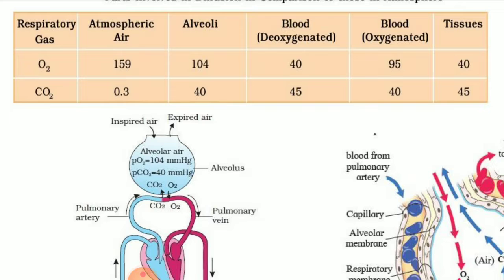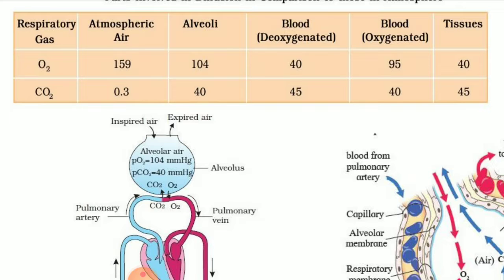Now the partial pressure for oxygen in the alveolar air is 104 mm of mercury column, and the partial pressure for oxygen in the pulmonary artery, which is blue in color, is around 40. So obviously 104 is more than 40. Always remember, gas is going to move from high pressure to low pressure.